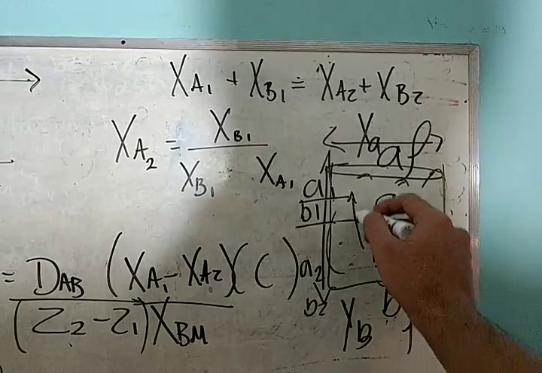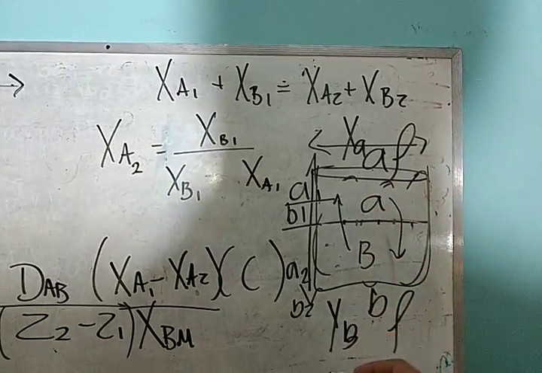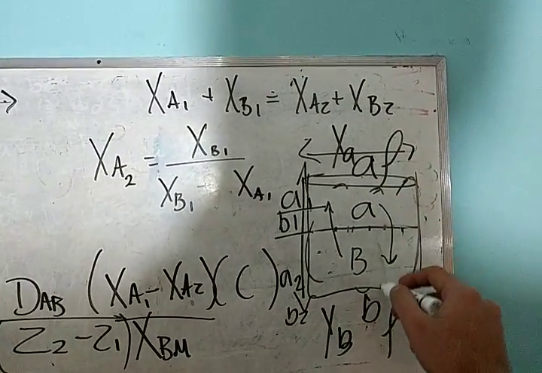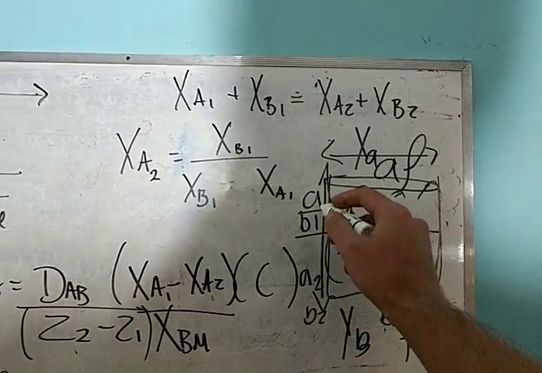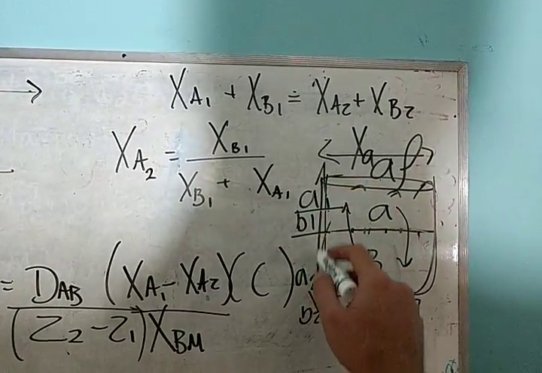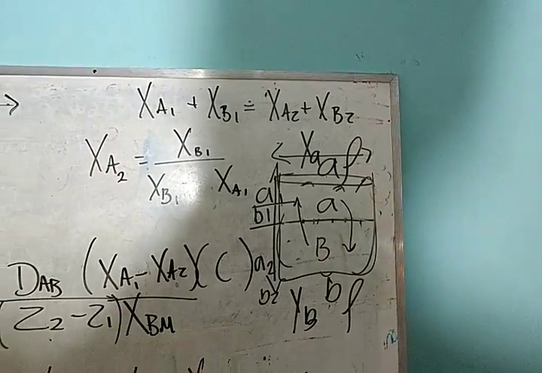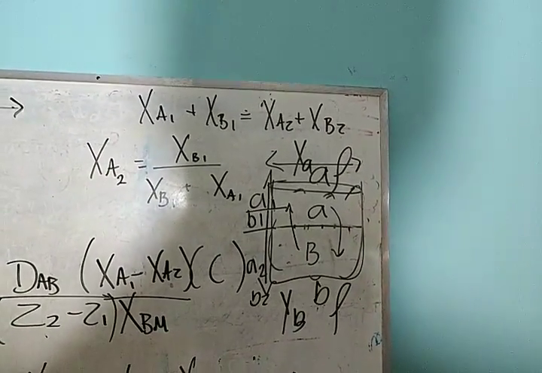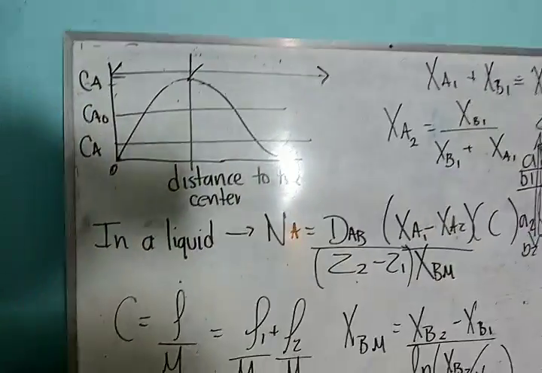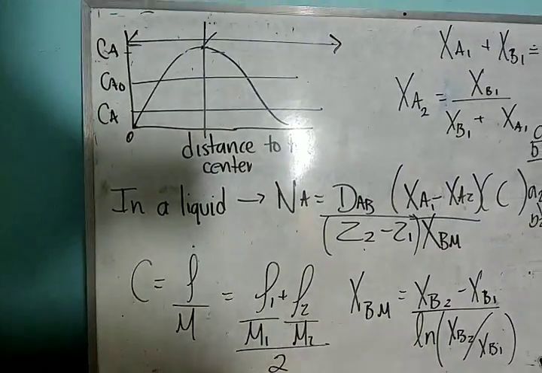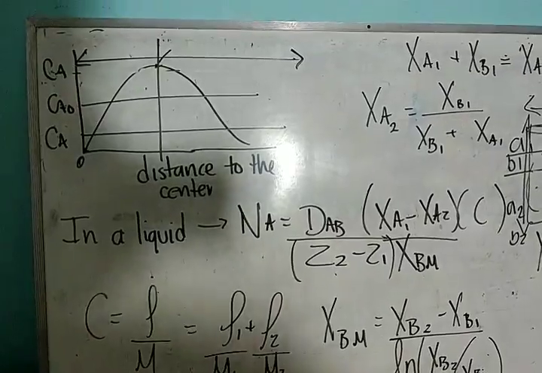Why? Because one part of B is moving to the other side, and one part of A is moving to the other part. So that's why we have A1, A2, B1, B2. And the density is going to be the same because the density of the liquid is not going to change.